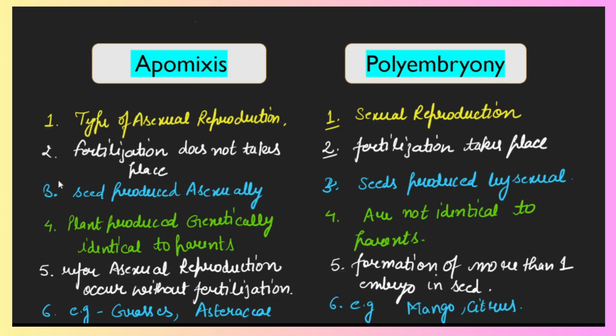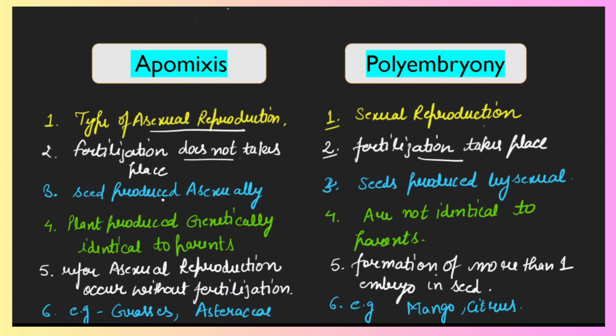If we see the difference between the apomixis and the polyembryony, let us discuss. Apomixis is a type of asexual reproduction. We have understood this. And polyembryony is a sexual reproduction. In apomixis, fertilization does not take place. We know that the seed grows without fertilization, and in polyembryony, fertilization occurs.